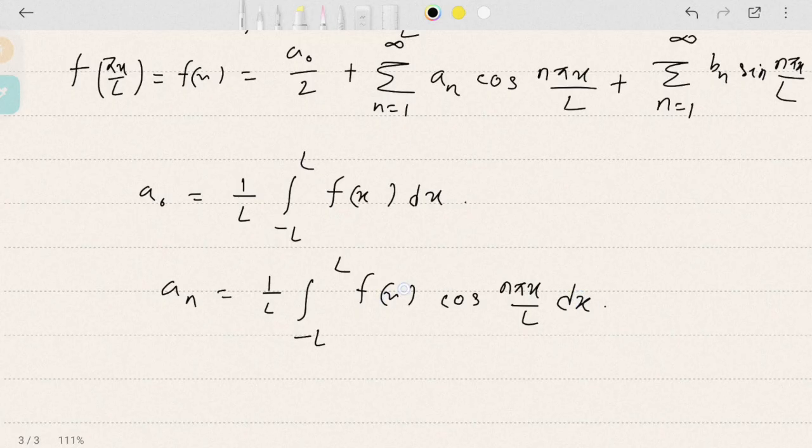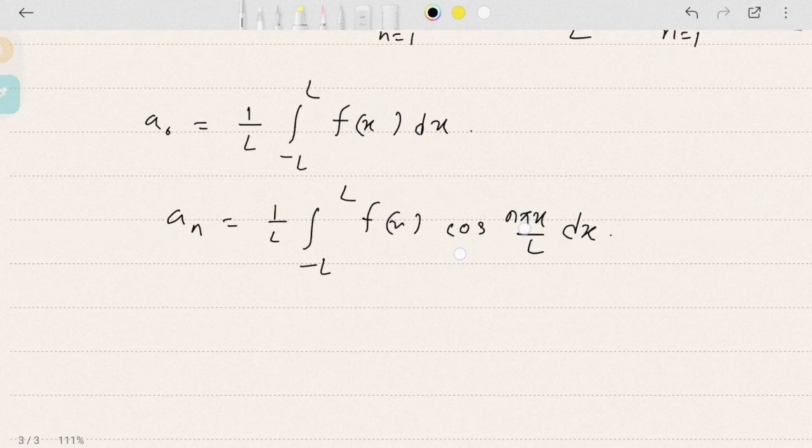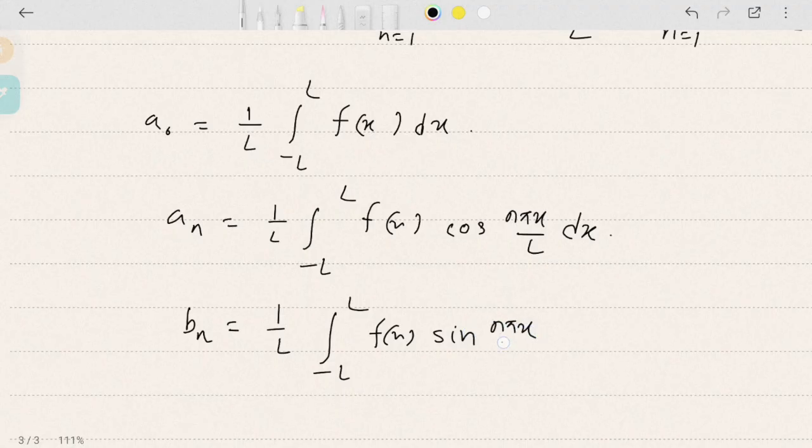Actually it is f of v and here it is nv, but v is pi x by l, so I already omitted the steps and am writing directly. And bn is 1 by l integral of f of x sin n pi x by l dx. That's it. That's the general formula for Fourier series for a periodic function f of x with period 2l.